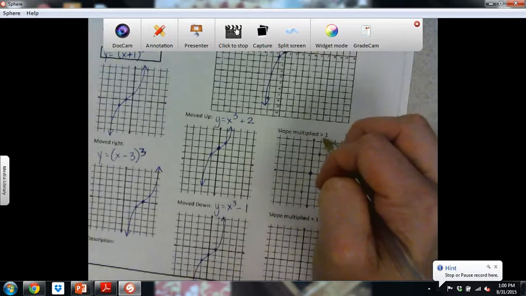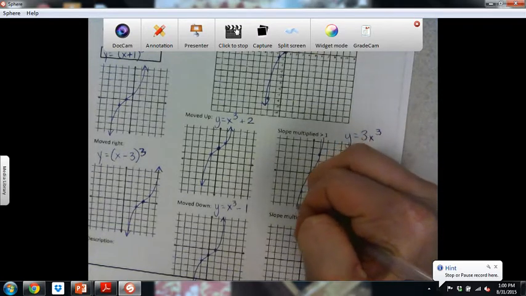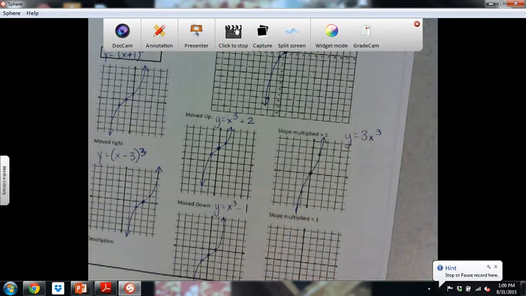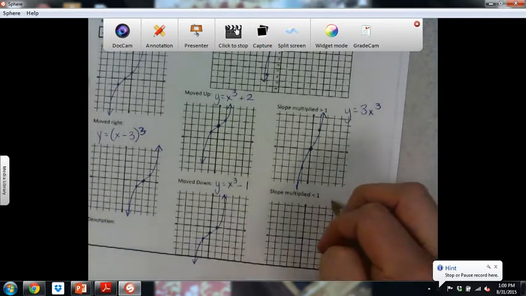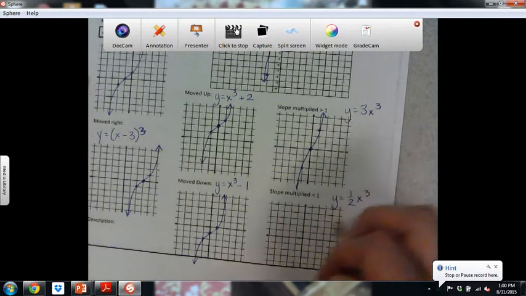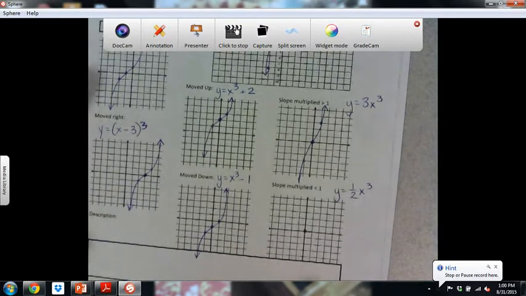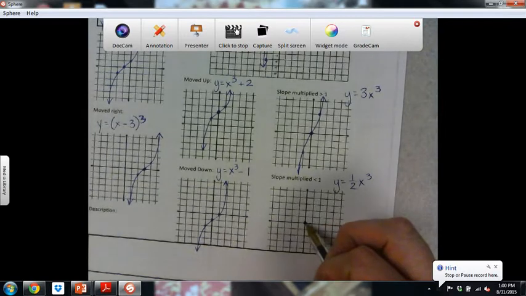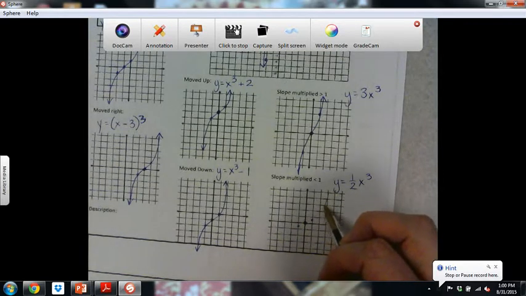And so I've got this graph that still looks like a cubic function, but is significantly stretched. And the last one here is, let's do 1/2 of x to the third. So I keep my 0, 0. If I plug in 1, 1 times 1 is 1, times 1 again is 1, and half of that would put me here. And negative 1 would be here. And so this is going to grow much more slowly than the last one did.